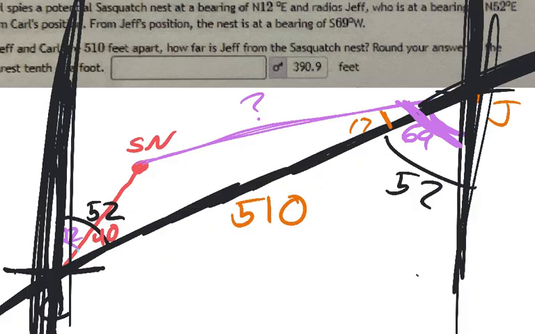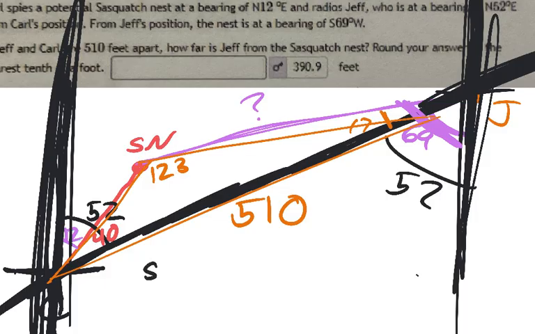So now I can find the third angle of my triangle, right? Bring it back here to the triangle. I know 40, I know 17, that's 57, which means this has to be 123. Now I know an angle and the side opposite. Law of sines.